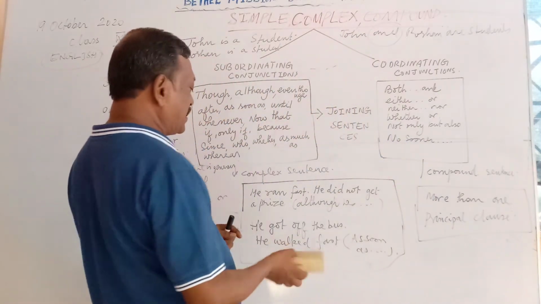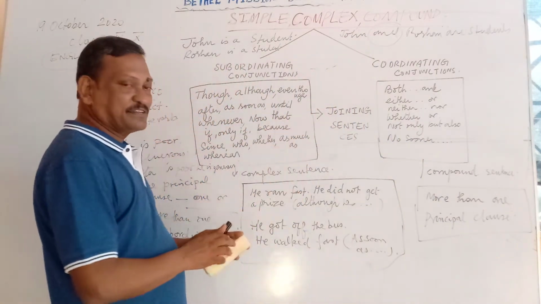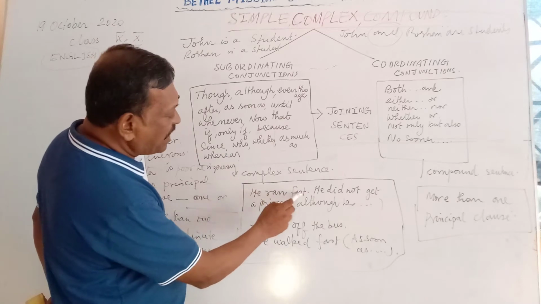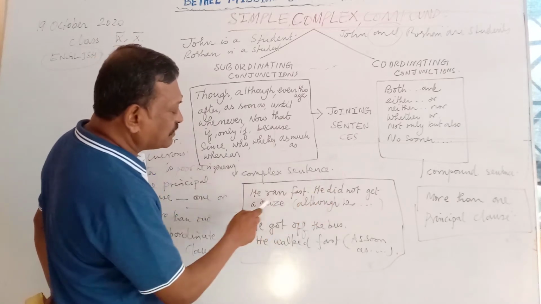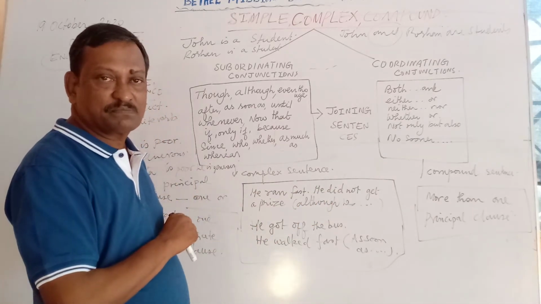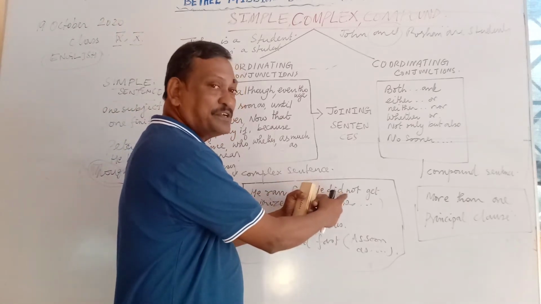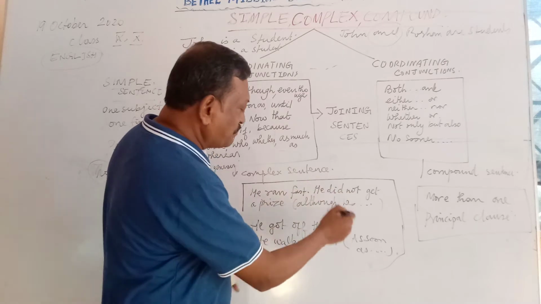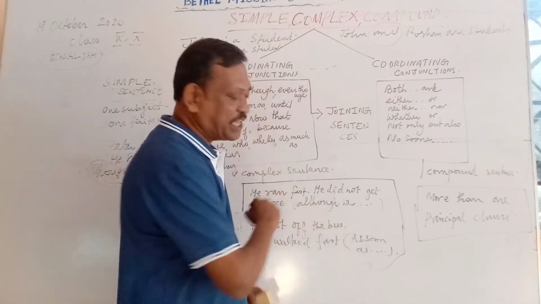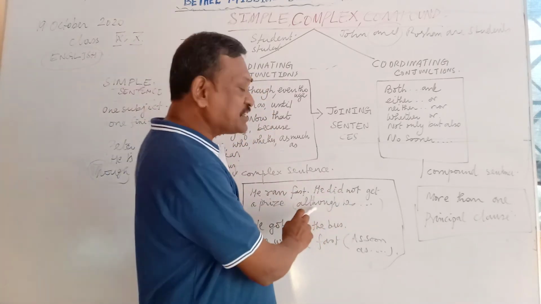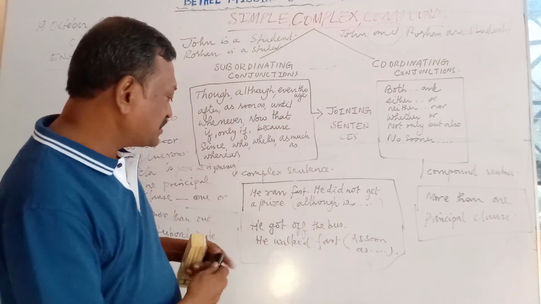Now, for example, I'll give you one sentence. He ran fast, he did not get a prize. Listen carefully. He ran fast, he did not get a prize. Now in the bracket I have written "although he." Although is a conjunction, it is a subordinating conjunction.